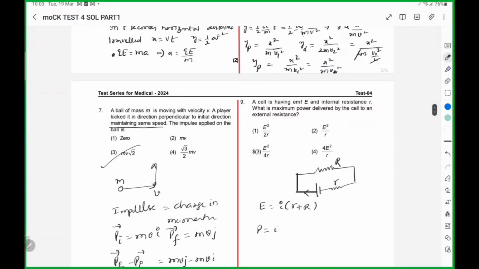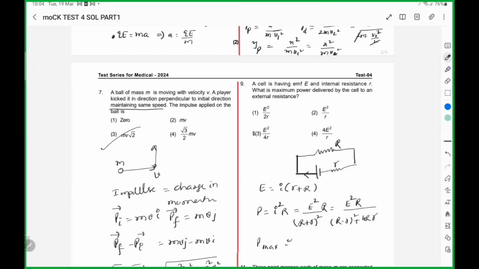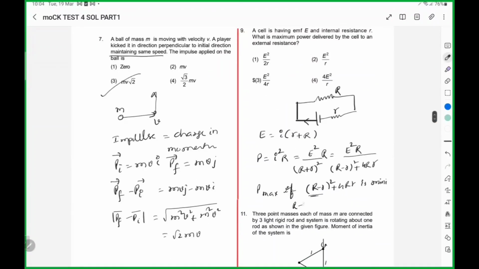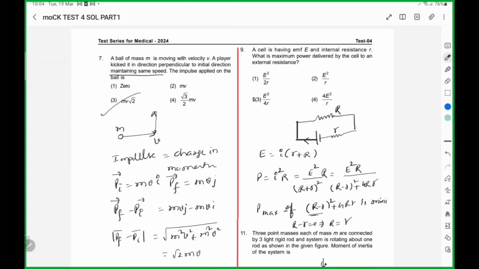So the power delivered is I square R. External resistance is fixed. This we can write. So power is maximum if denominator is minimum. It is possible when r is R. Internal resistance and external resistance are same, then maximum power will be delivered. So then the P maximum will be E square by 4R, R plus R is 2R, that is 4R square, which is E square by 4R.